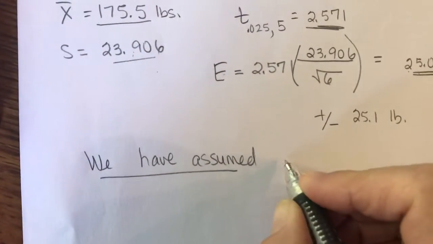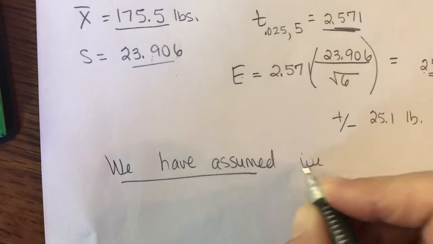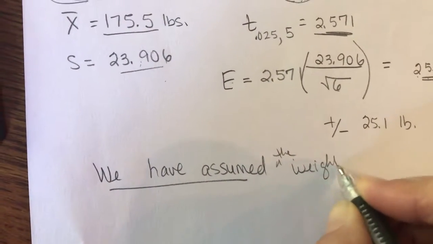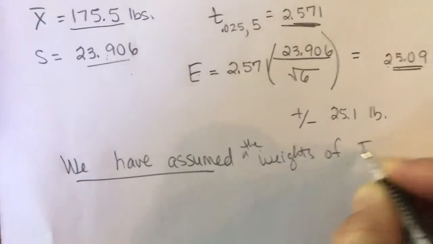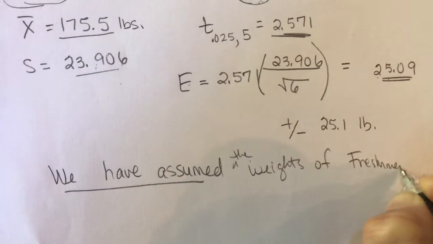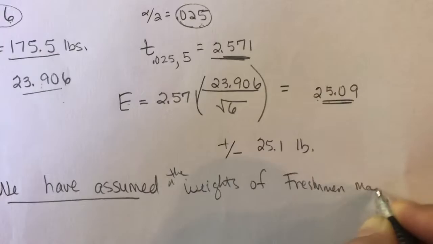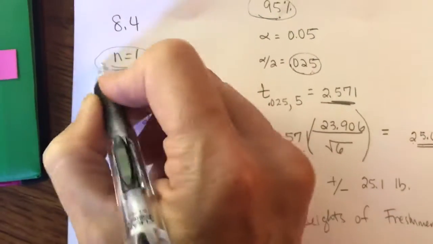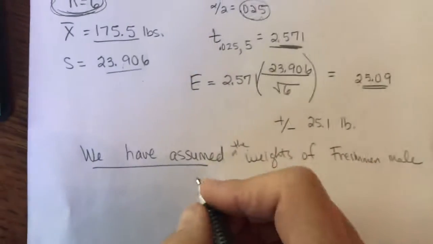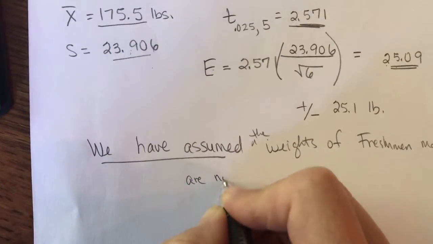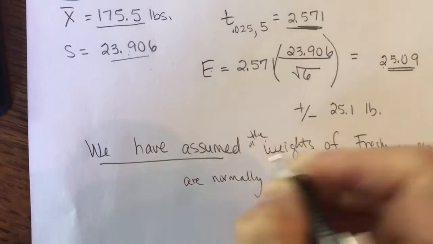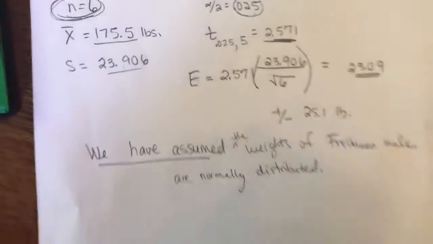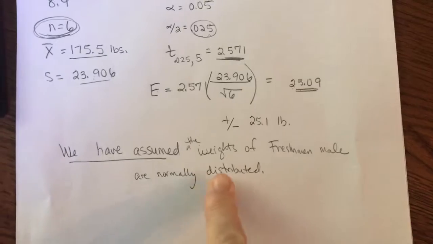We have assumed the weights of freshman male, and so you need to include this little extra sentence here when your sample size is really small, are normally distributed. Otherwise, we wouldn't be able to do what we did given such a small sample size. So yes, add that on there.